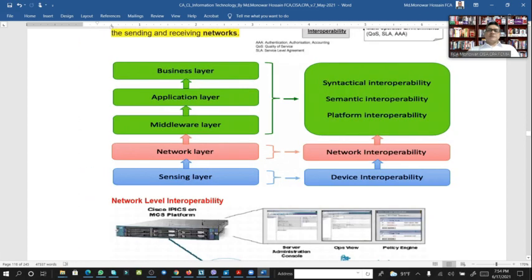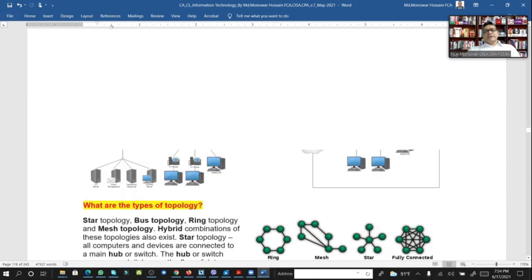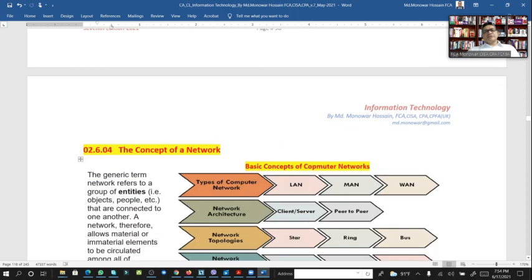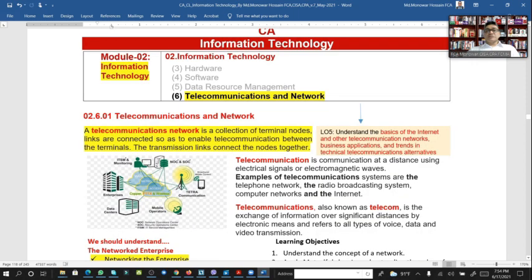So that concludes the network chapter, and now we'll go for MCQs and true/false on the chapter. The basic thing in this chapter is telecommunication networks. A telecommunication network is a connection of terminal nodes linked so as to enable telecommunication between the terminals.